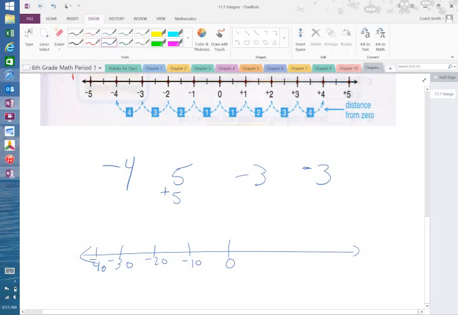Okay? Well, negative 30 is going to be less than negative 20. Negative 30 is a smaller number than negative 20. Okay? The further the number gets from 0 on the left side, the smaller it becomes.